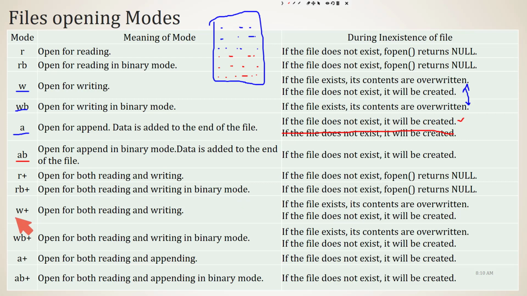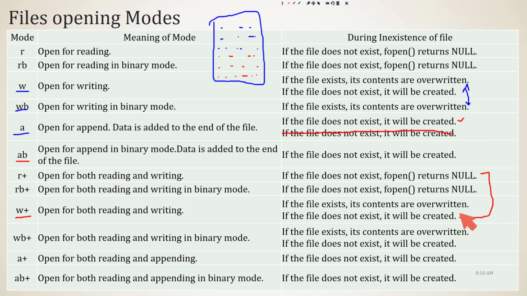Next, W plus. W plus means here also we are opening for reading and writing, but the difference is if the file exists, its contents are overwritten. If the file does not exist, it will be created. Earlier in R plus, if the file does not exist, fopen returns NULL.